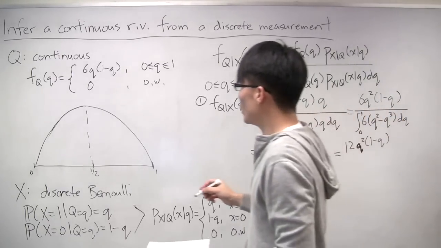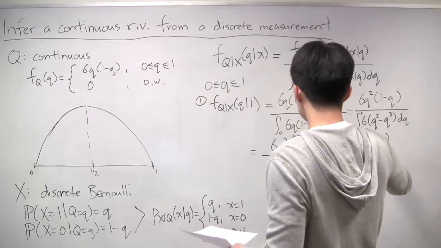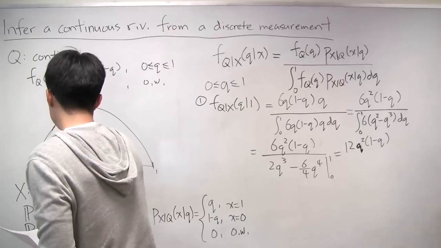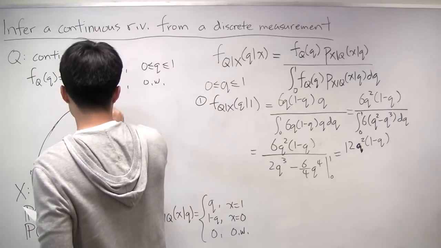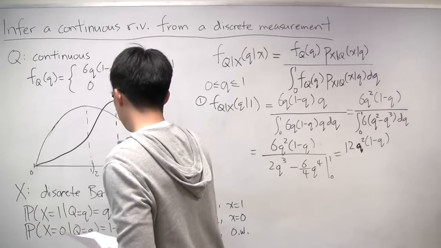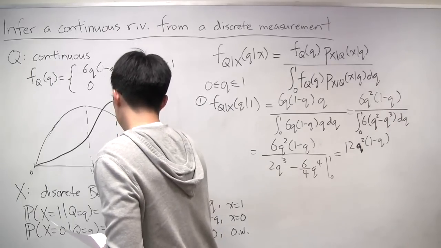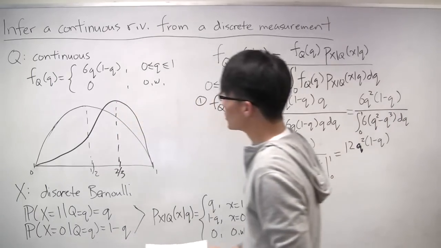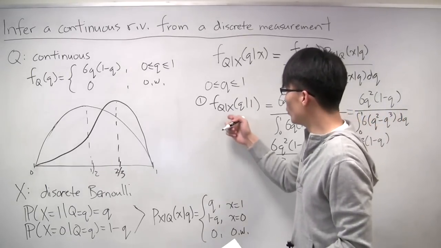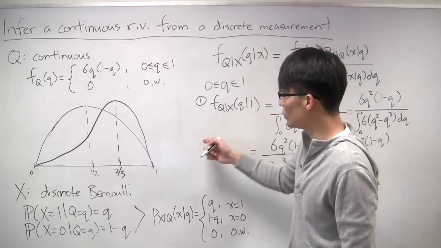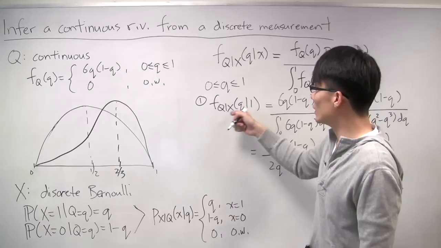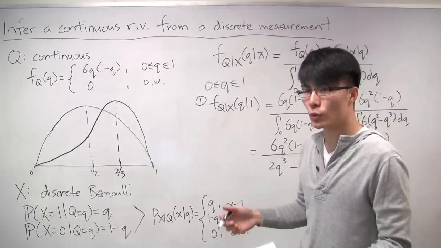All right, so the case where x is equal to 1, we have our answer. And it turns out that if you plot this, it looks something like this, where the peak is now at 2/3. So how do you interpret this? You observe that you got heads on this toss, so that is evidence that the bias of the coin is relatively high.